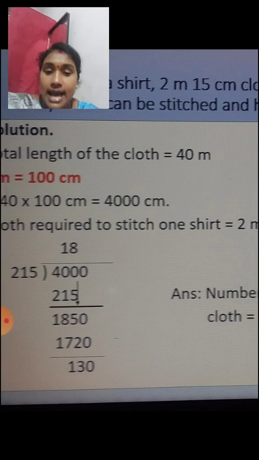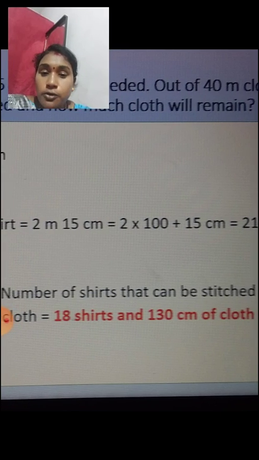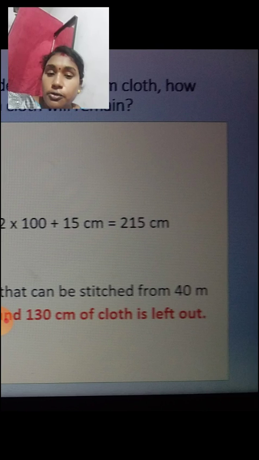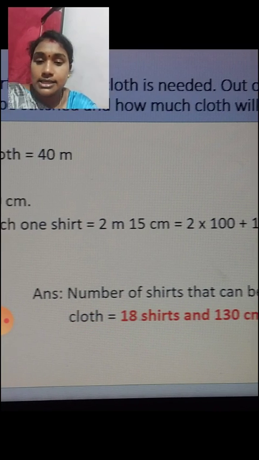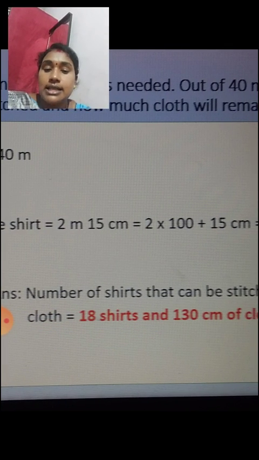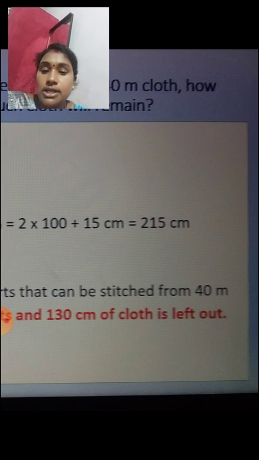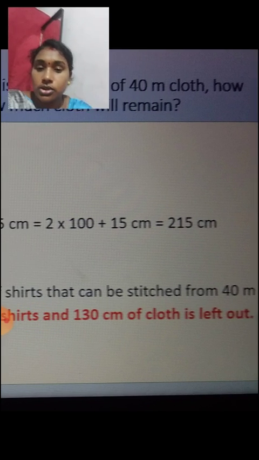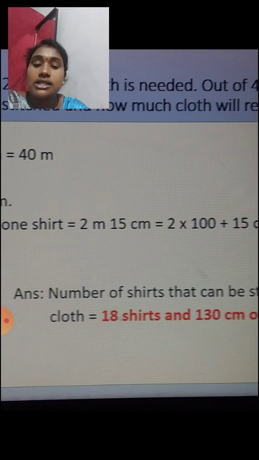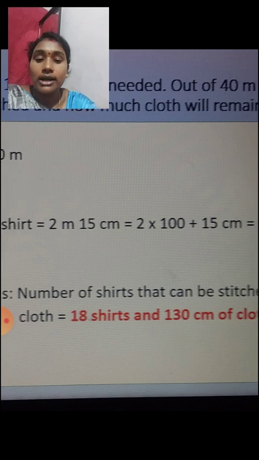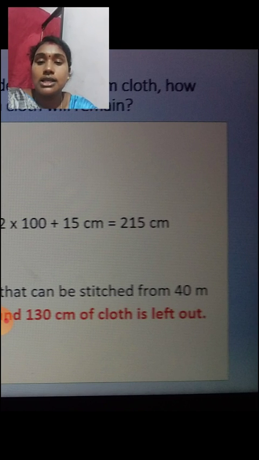So the answer is, the number of shirts that can be stitched from 40 meters is 18 shirts and 130 centimeters of cloth is left out.